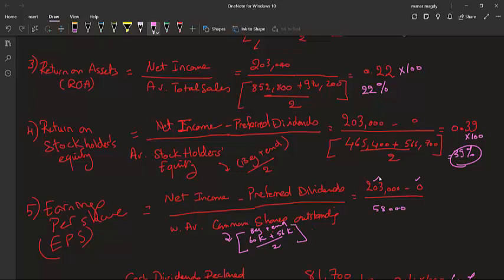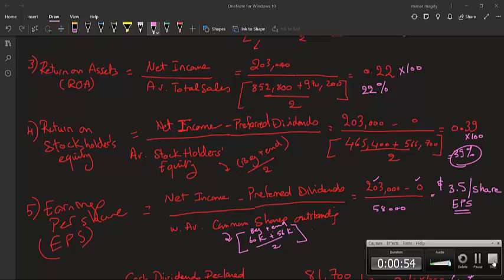So the net income divided by the number of shares, we will get $3.5 earnings per share. Per share, because it is called earnings per share. Okay, let's continue to the next part.